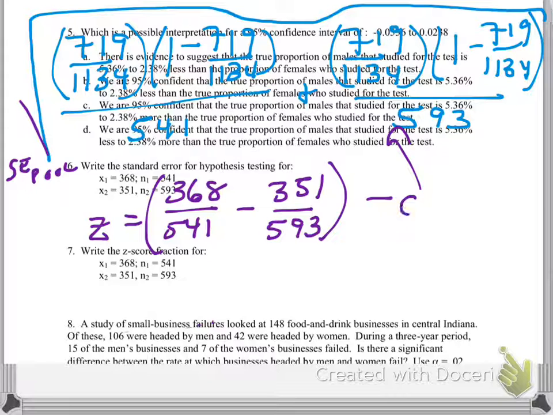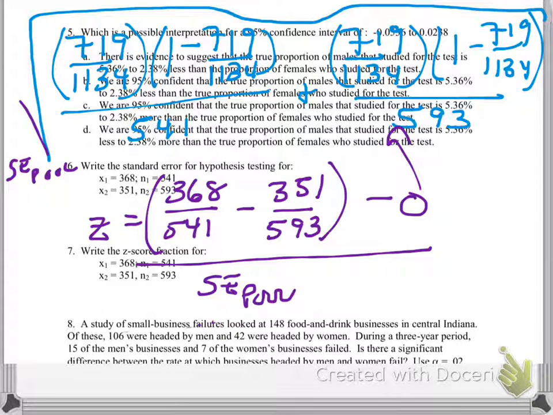And remember, you have to say minus 0. I will take off if you don't say minus 0. Divided by, and then all you have to do here is write SE pool, because I said what it is equal to up here. So you don't have to recreate the wheel.